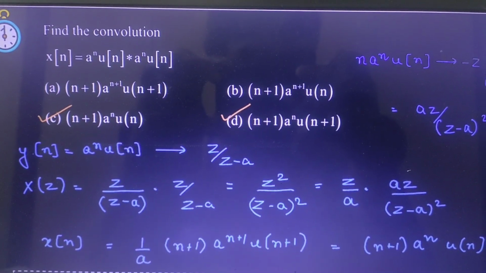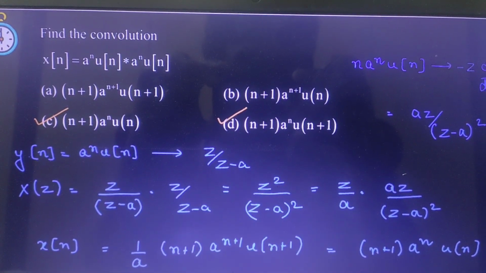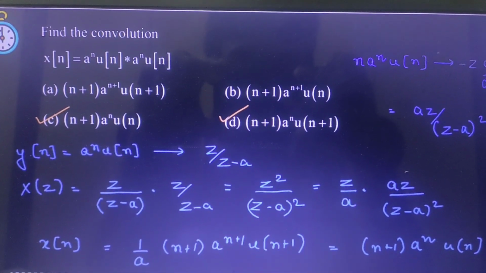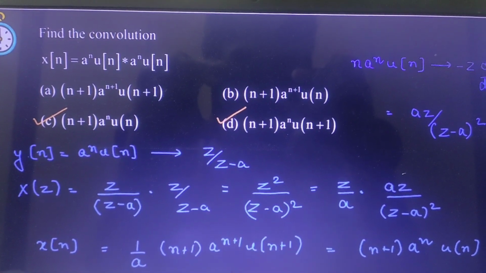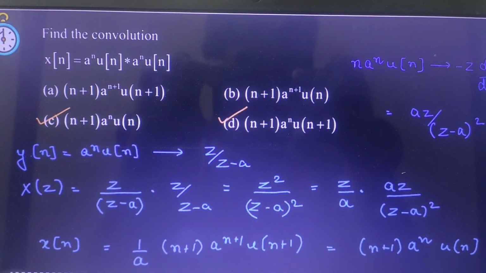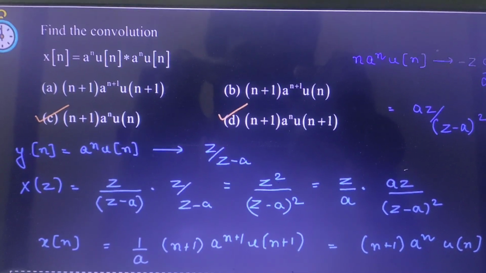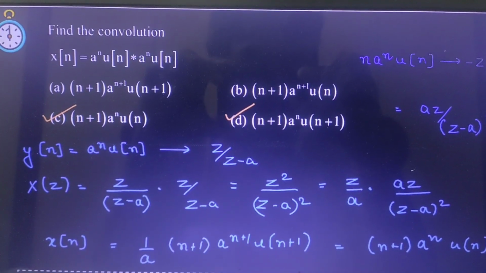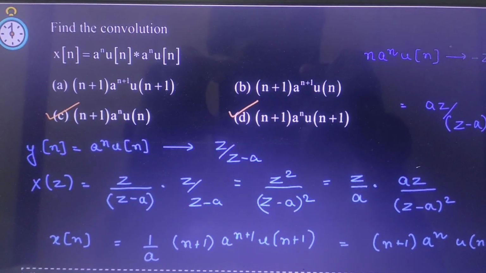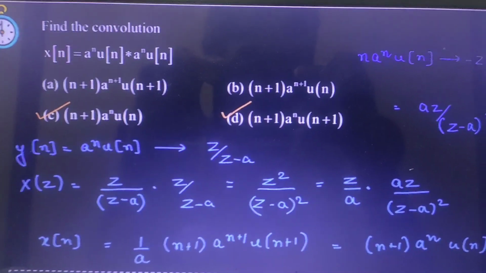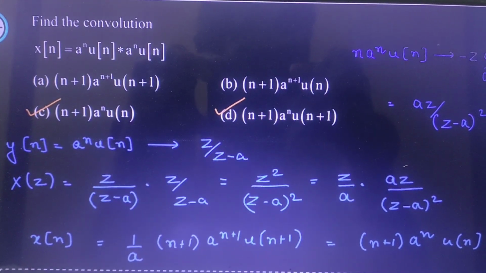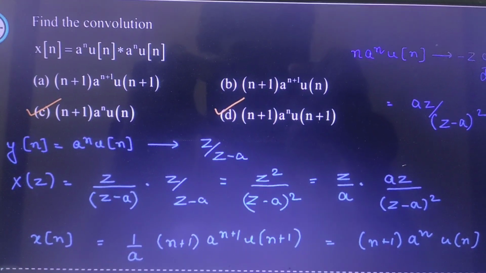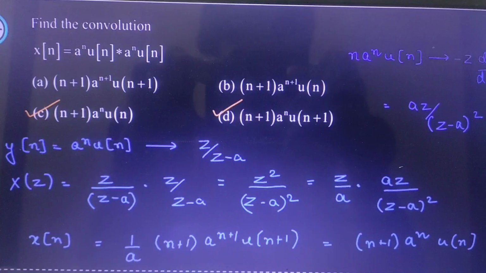Az by z minus a whole square, you can write as n into a power n u of n. So x of n you can write as 1 by a, z coefficient, z power is 1. So add 1 to n, n plus 1 into a power n plus 1 u of n plus 1. You can write it as n plus 1 a power n into u of n also.